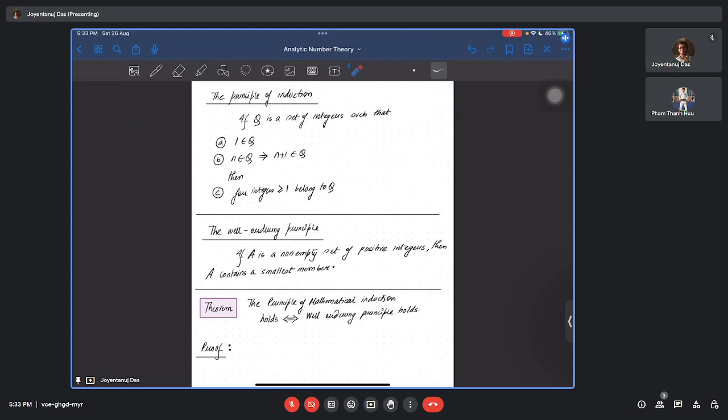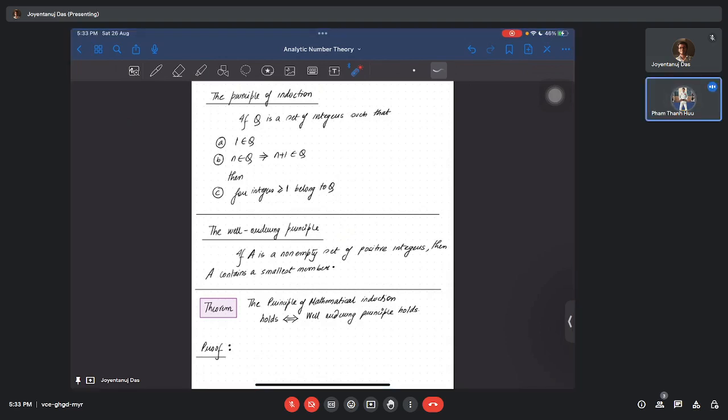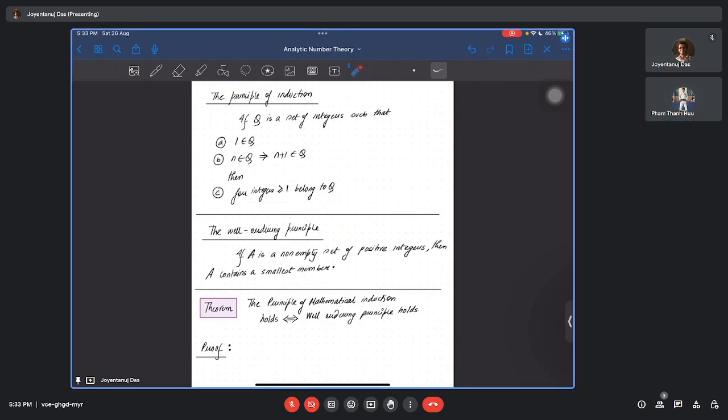We are relating the well ordering principle for a set with mathematical induction. So that's why we are introducing this one. There are also some applications, because in number theoretic proofs the induction also helps in the proofs of number theory.